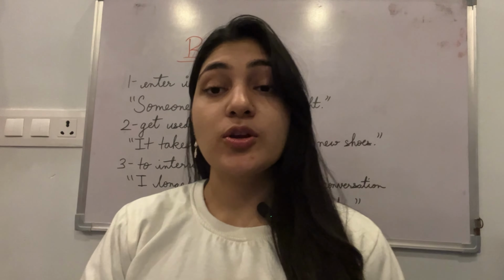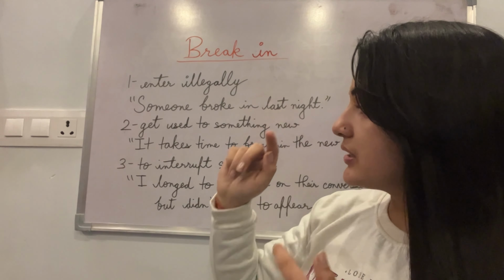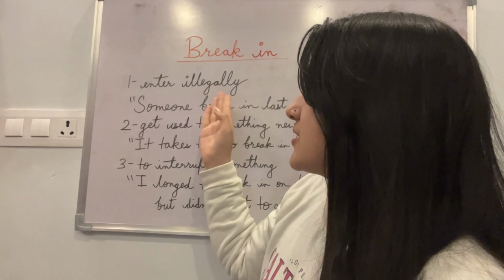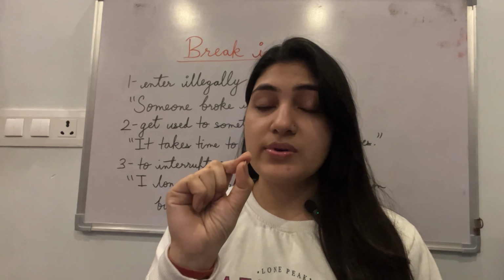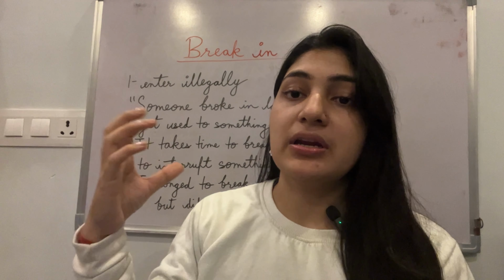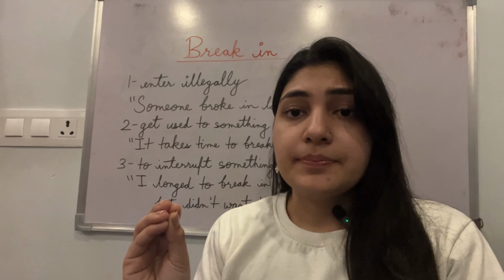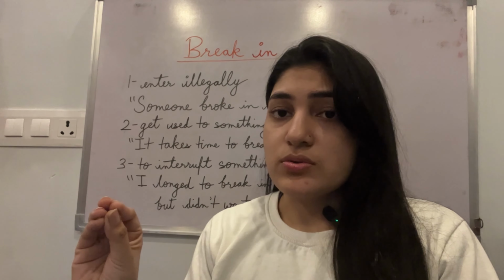Now let's continue with the second one, that is break in. So break in has three meanings. The first one is enter illegally, to enter into a place illegally, and here always remember that there is no object. For instance, if you want to say someone forcefully entered our house, you shouldn't say they entered into our house, right?